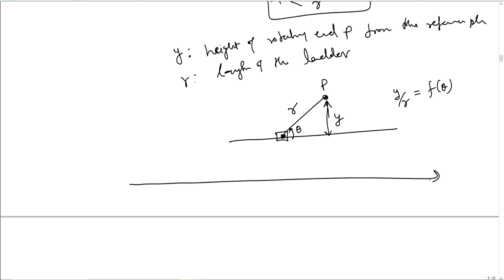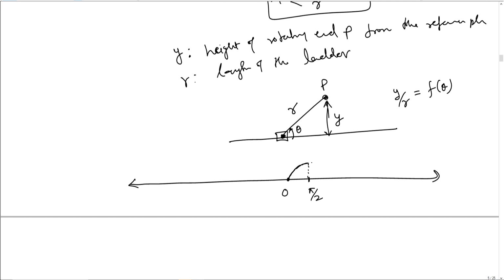You can try this: maybe take a rotating pen or something around one axis and see how its height increases with respect to a reference ground. When the angle was 0, the height was 0. When the angle became pi by 2, 90 degrees, the height starts increasing. And it increases rapidly in the beginning and then its rate of increase slows down, because remember it is going to decrease from this point.